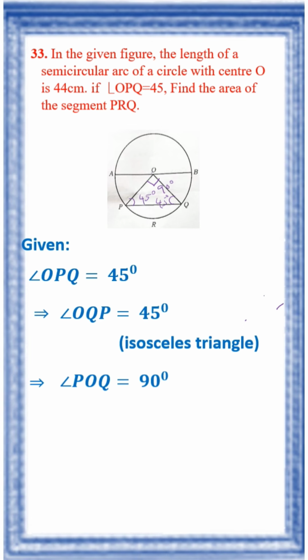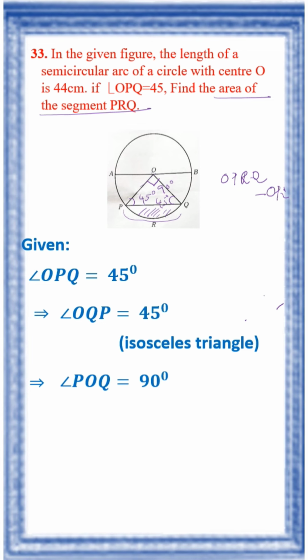Since we have to find the area of the segment PRQ, this one, how can we get this one? Area of this sector OPRQ minus area of the triangle OPQ. Area of the sector is equal to how much? Theta by 360 into pi r square.